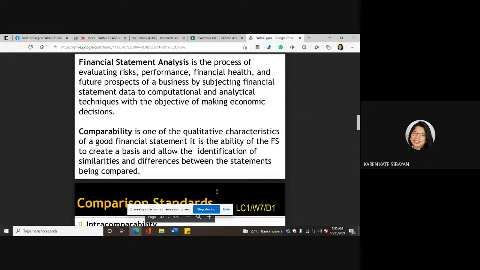Ibig sabihin, maaring wala kang cash, pero marami ka naman palang receivable. Mahirap kung mataas yung payables mo. Kaya pala wala ka na palang cash kasi nadagdagan yung inventory mo. Ibig sabihin, marami kang nabiling goods or materials na pwede mong gamitin para makapag-earn ka uli kasi pwede mong maibenta pa. Okay?